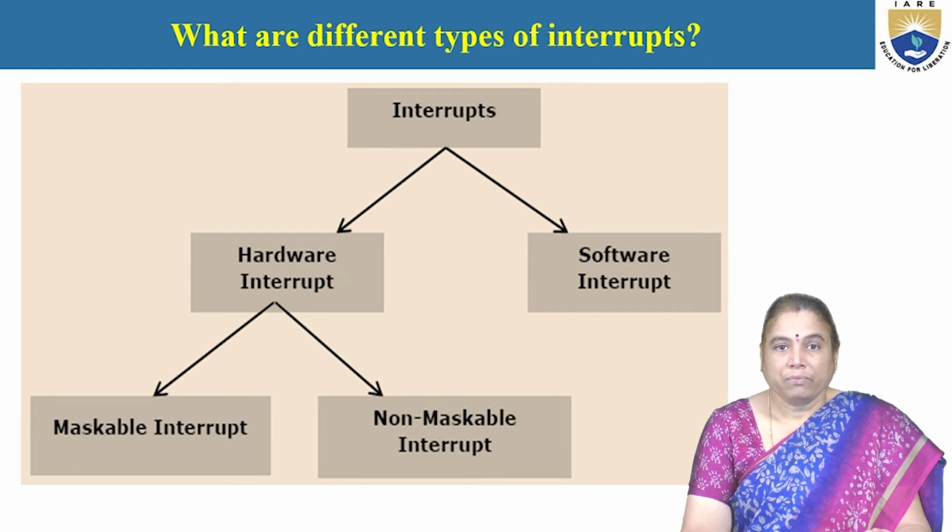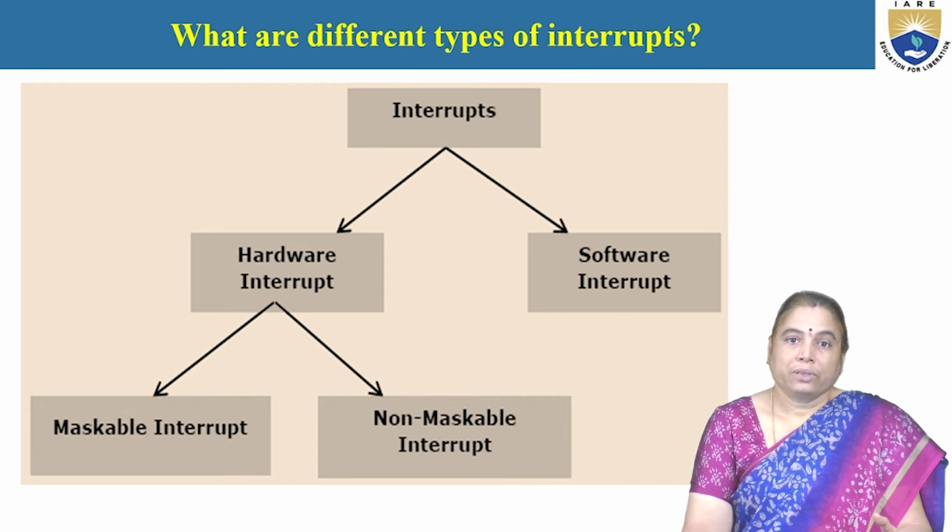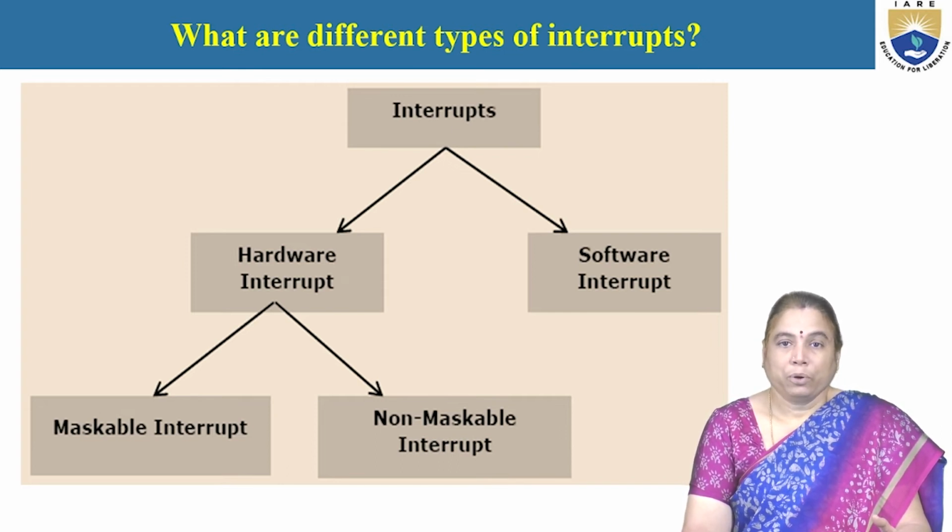The interrupt service routine continues execution one instruction after another in a sequence. At the end, control is sent back to the main program to continue the main program execution.